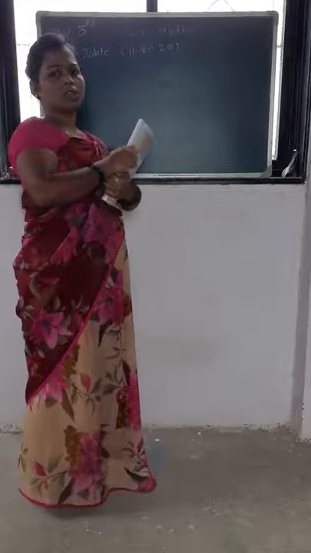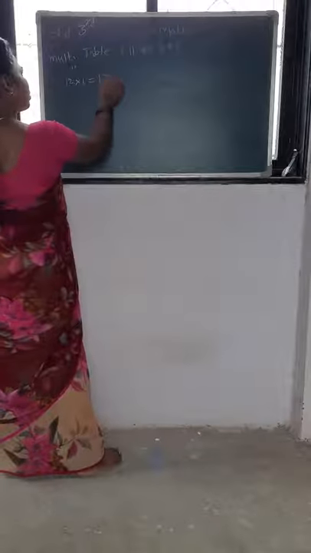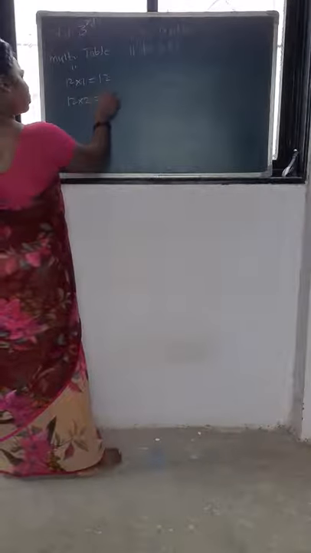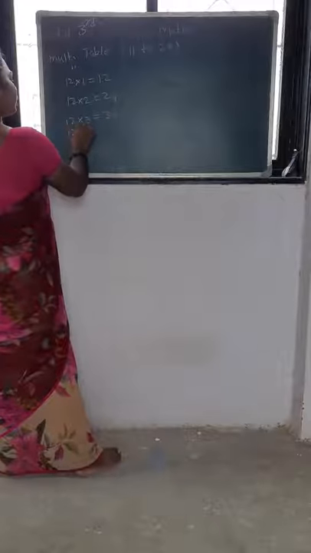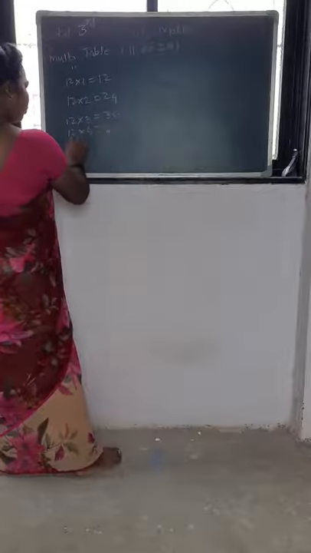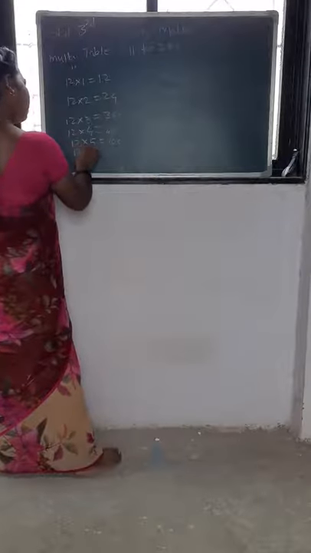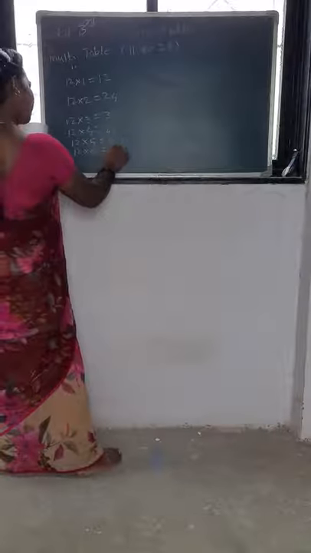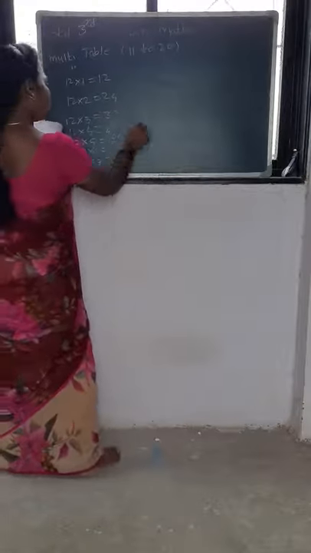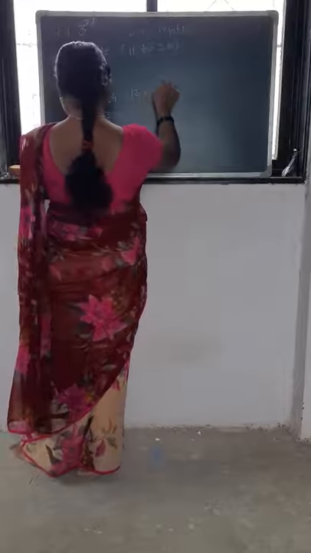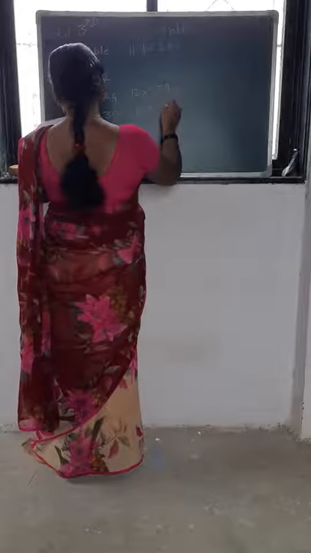In last year, we learned about the tables. Next table is 12 multiplied by 1 is 12. 12 multiplied by 2 is 24. 12 multiplied by 3 is 36. 12 multiplied by 4 is 48. 12 multiplied by 5 is 60. 12 multiplied by 6 is equal to 72. 12 multiplied by 7 is equal to 84. 12 multiplied by 8 is 96. 12 multiplied by 9 is 108.